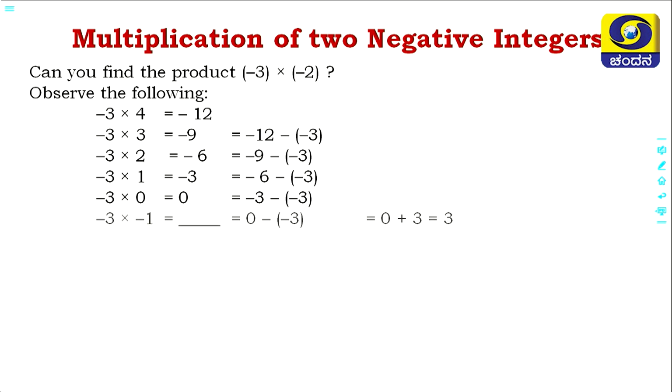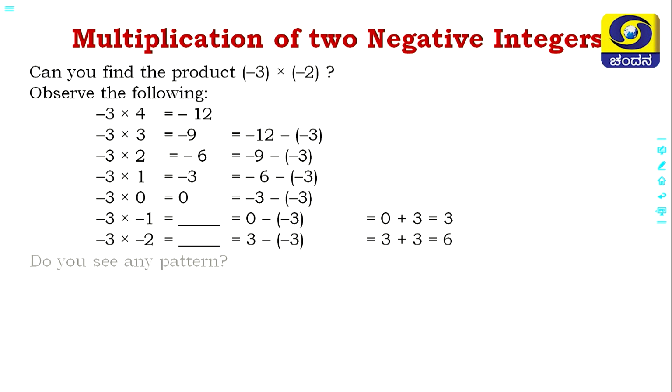Next, minus 3 into minus 1, we do not know the answer, but by the pattern, 0 minus of minus 3 means 0 plus 3, which is 3. So minus 3 into minus 1 is plus 3. Next, minus 3 into minus 2, by the pattern, 3 minus of minus 3 is 3 plus 3, that is 6. So minus 3 into minus 2 is 6.